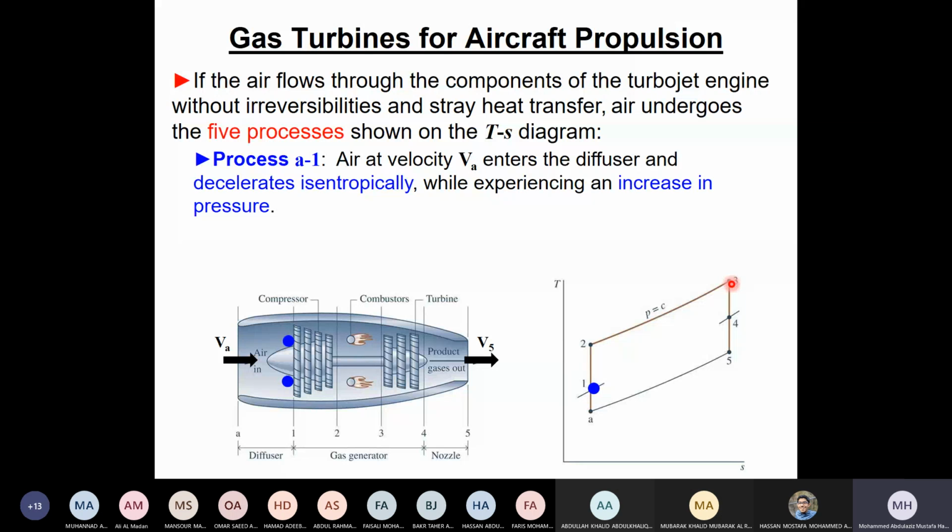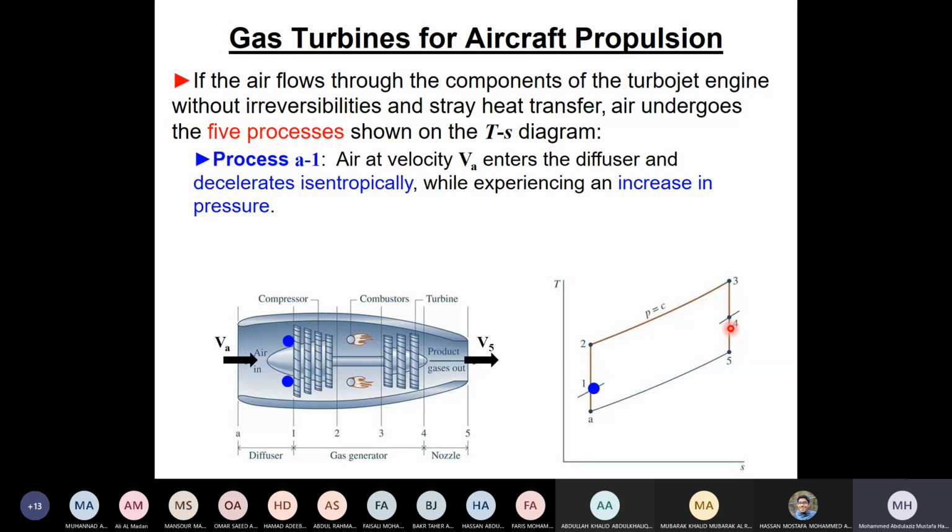Then this expands. How do we get state 4? If you want to get state 5, it is different: temperature over temperature equals pressure over pressure to the power (k minus 1) over k. But for 3 to 4, the work of the turbine is the same as the compressor work.